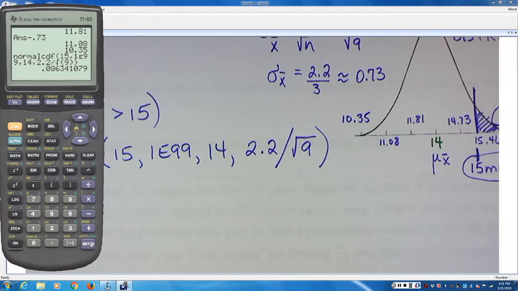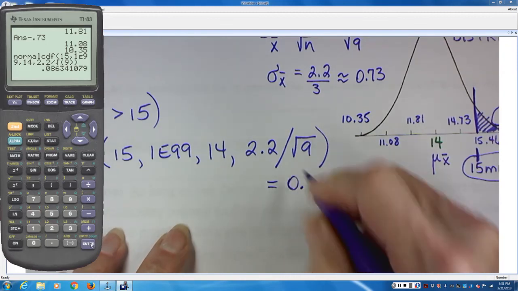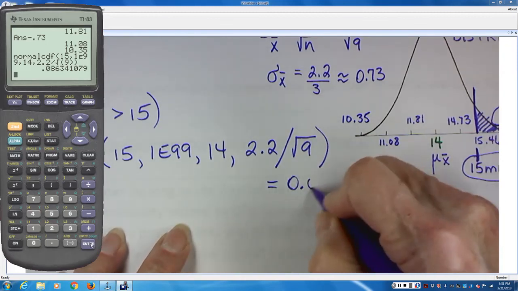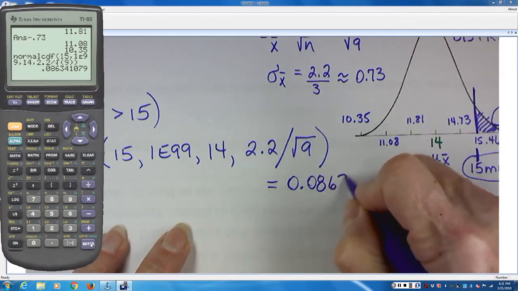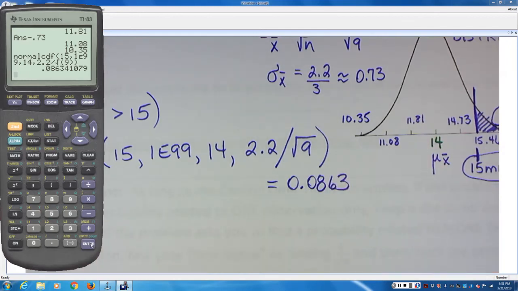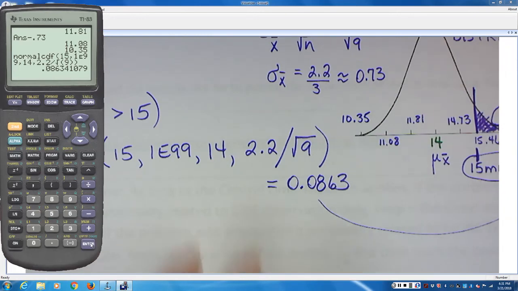And the probability is a whole lot smaller. So that's that area right there. Okay? That's the only thing that we've changed.